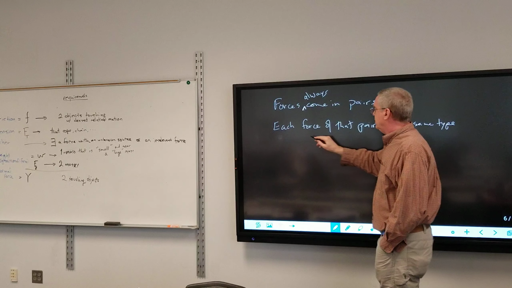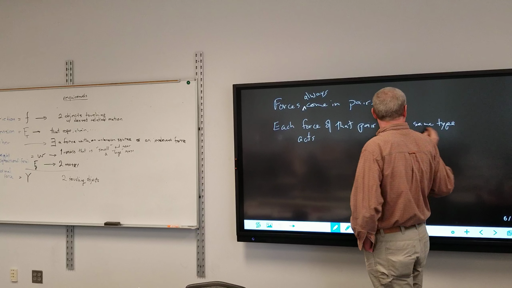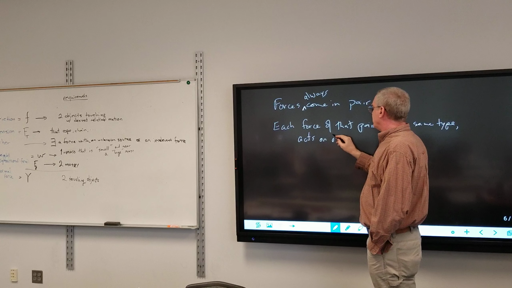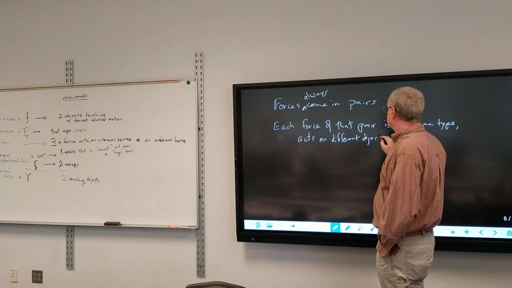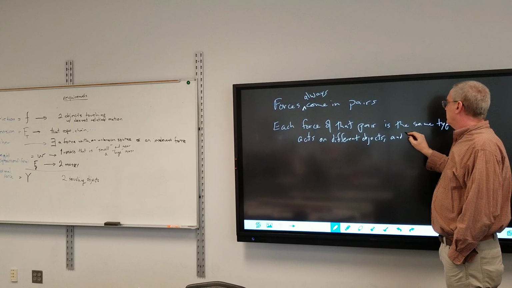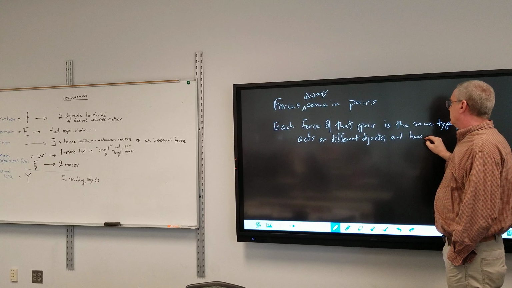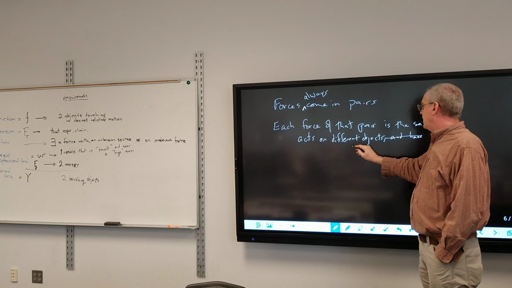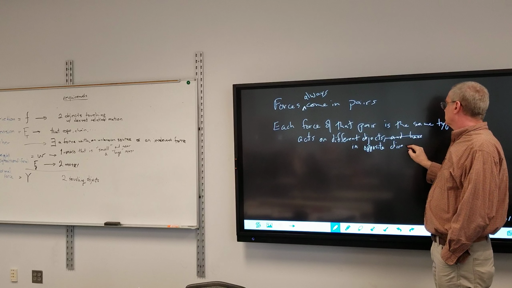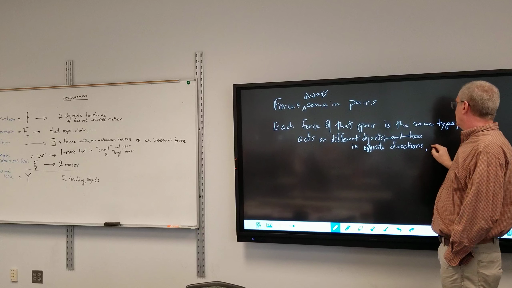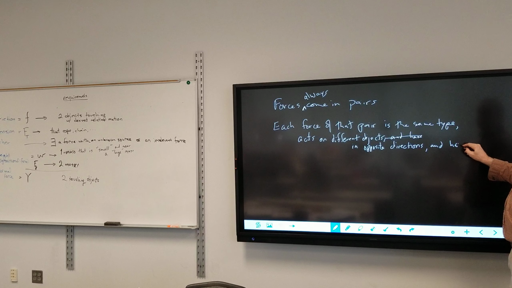Is the same type, acts on different objects, and acts on different objects in opposite direction. And have the same magnitude.